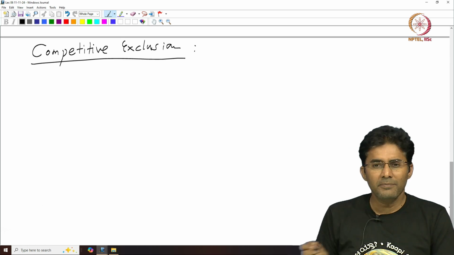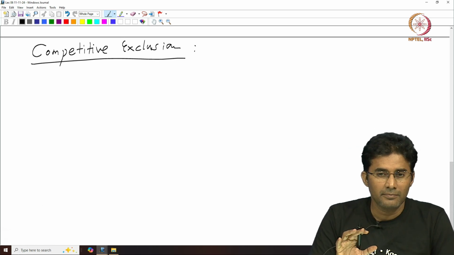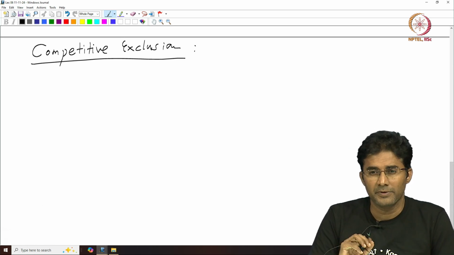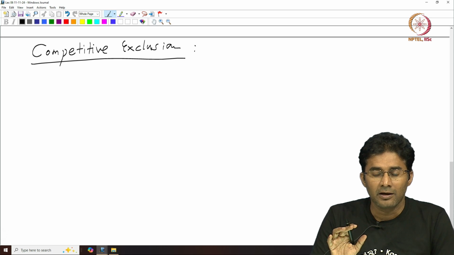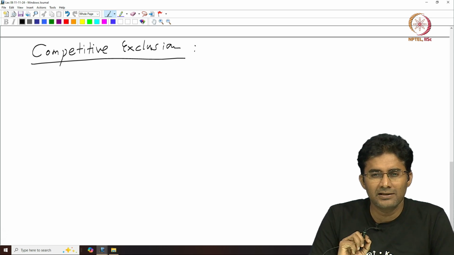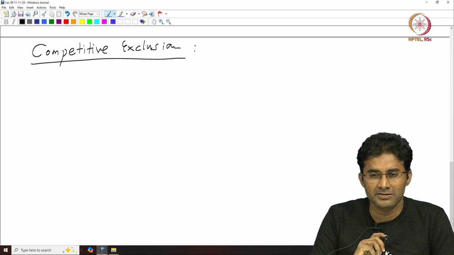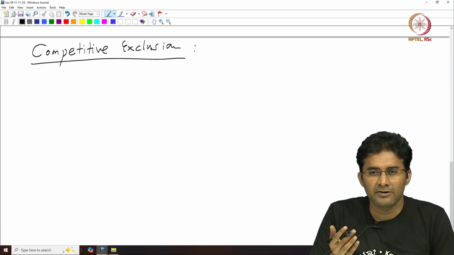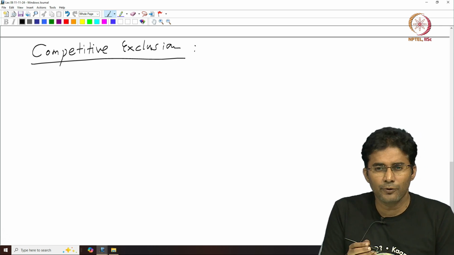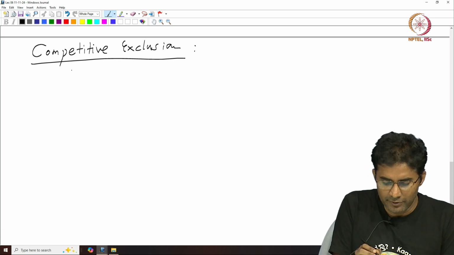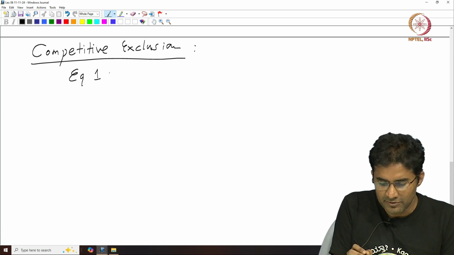Okay. So, remember that in this system there were several equilibria, right, and competitive exclusion basically means that only one species is going to be present at equilibrium. So, basically those equilibria correspond to either one of these two.